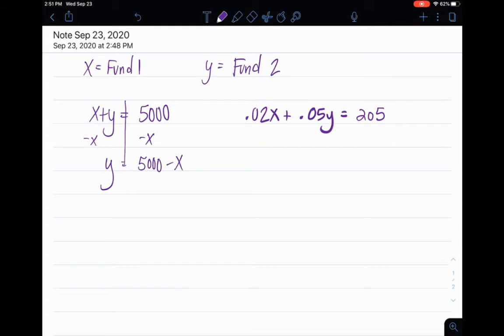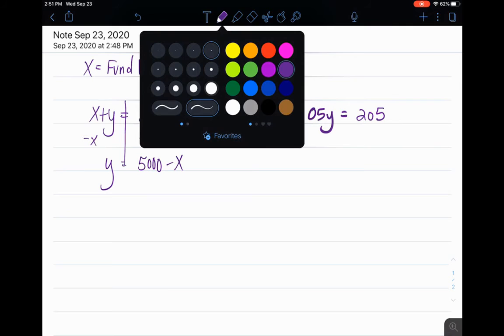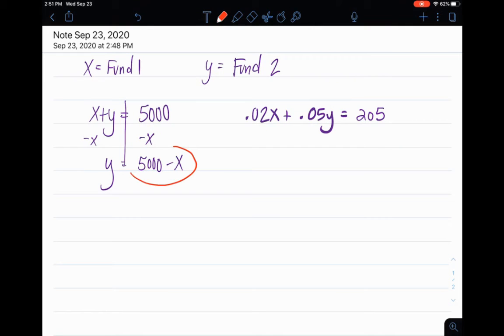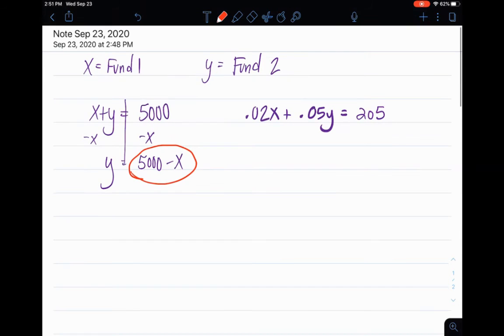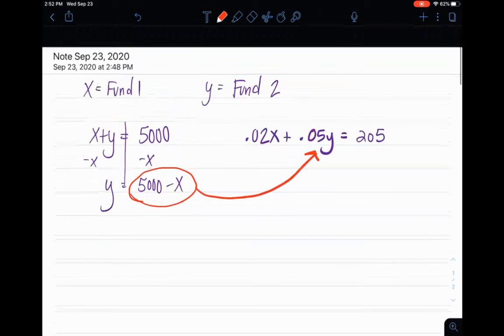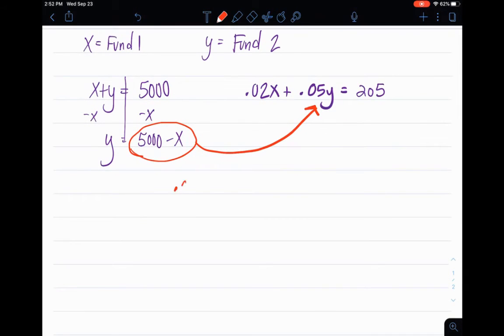Y equals 5,000 minus X. So what you're going to do is take 5,000 minus X and plug it in where you see Y in your other equation. So we're going to get this.